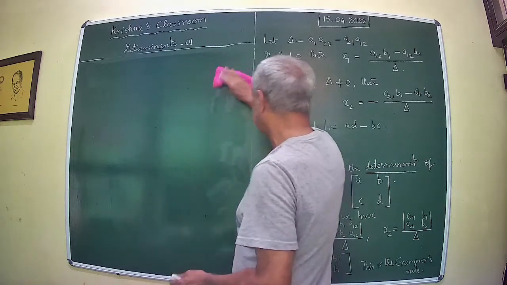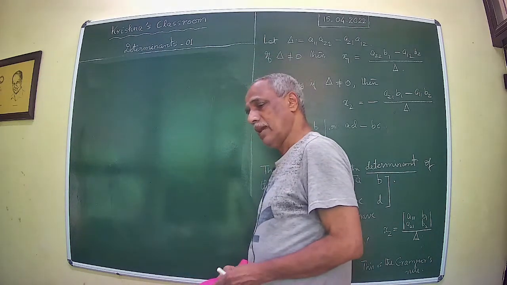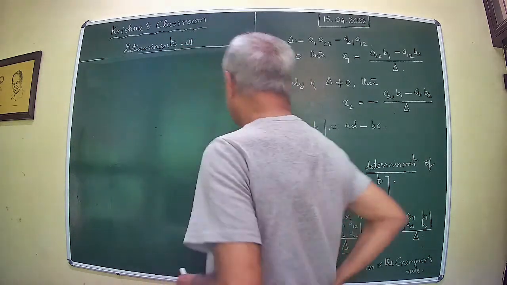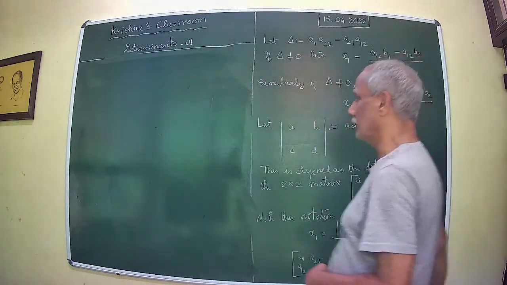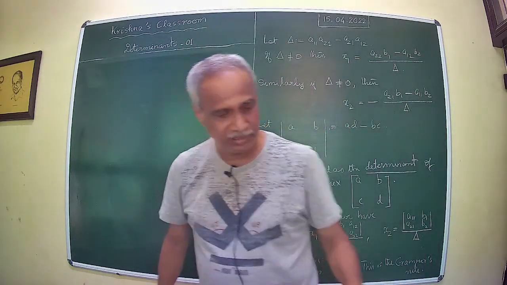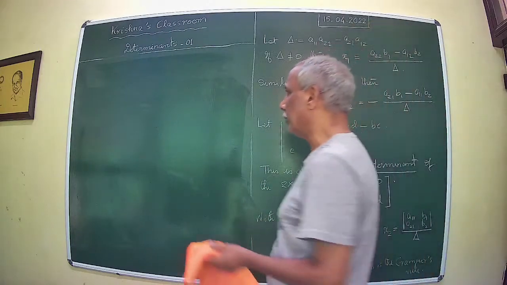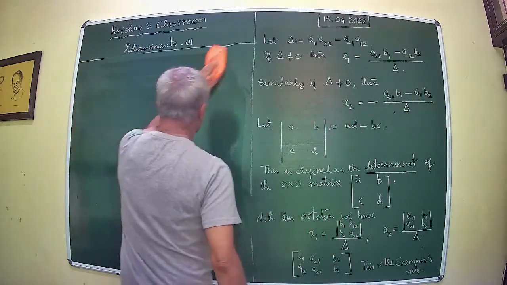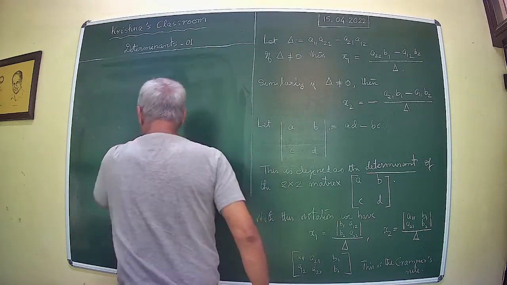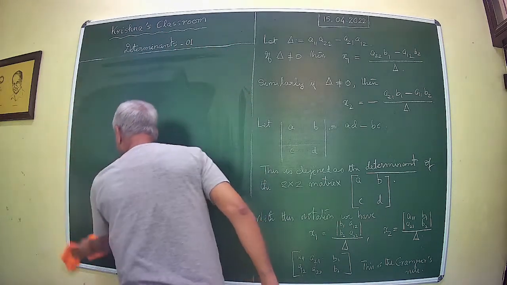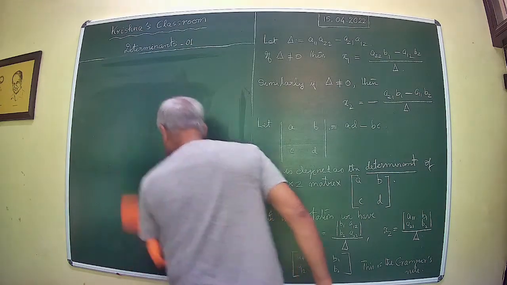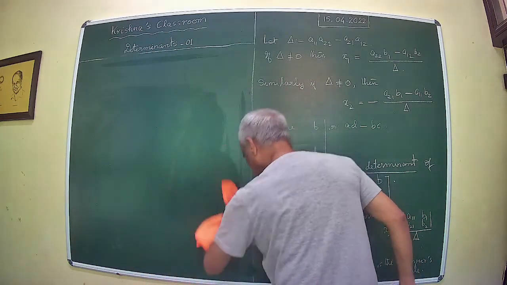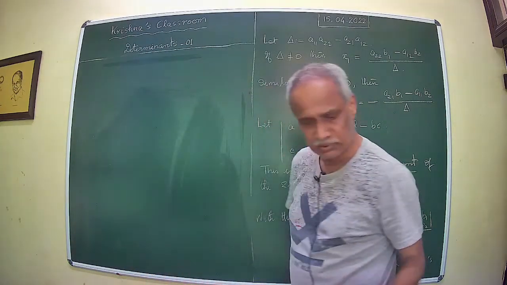The map is essentially associating a scalar with 2 by 2 determinants. So what exactly is a determinant? A determinant is a map from the class of 2 by 2 matrices, in this case, to the set of scalars.